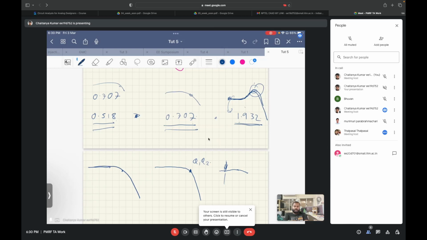The quality factors of the biquads in a Butterworth filter are chosen in such a way that their product is always 0.707. So the product of three will be 0.707. You can see this is 0.707, and if you take a closer look, this is basically reciprocal of this guy. 0.518 and 1.932 are reciprocal of each other.